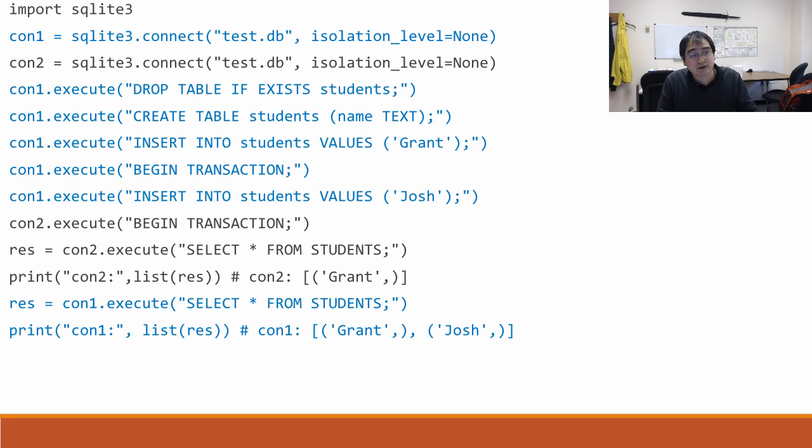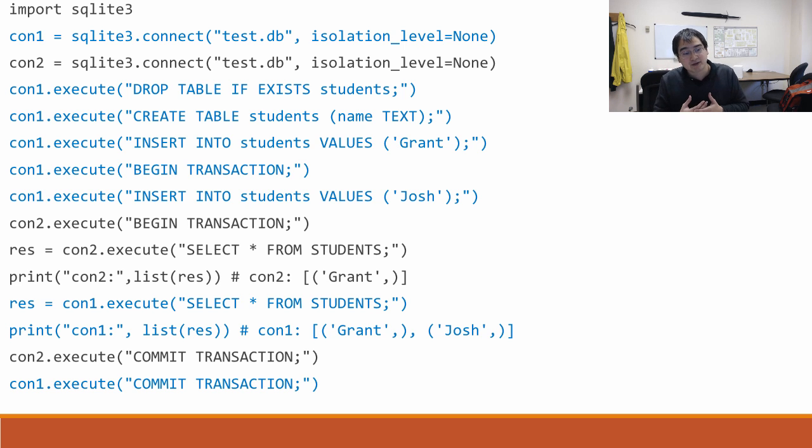However, if we go back to connection 1 and do a select statement from students there, it will see both Grant and Josh, because connection 1 has written to the database and it can see both the insertion of Grant and the insertion of Josh. And then we can end both transactions by committing both of them. After we've committed transaction 2 and transaction 1, both connections will be able to see the change that connection 1 did to the database.